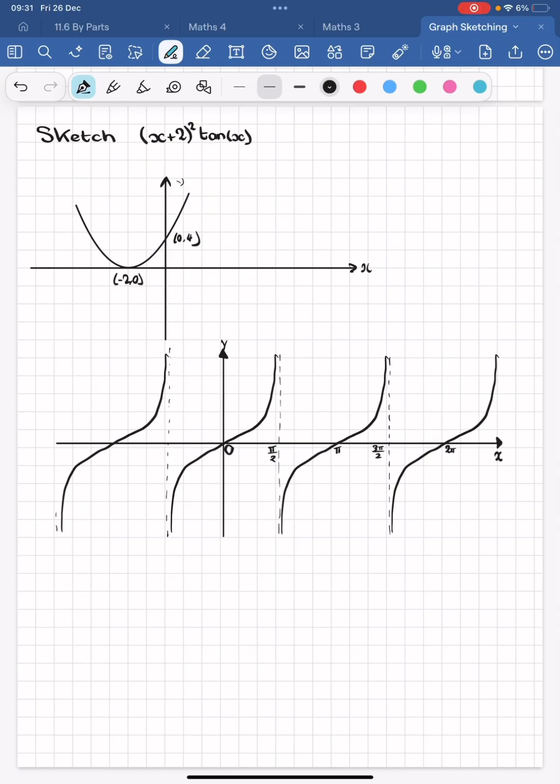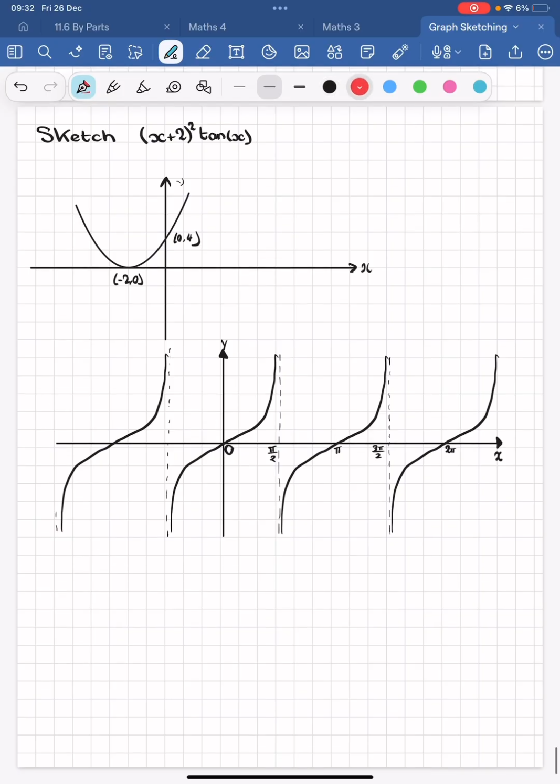And for tan x, our graph is repeating. So we increase from 0 to pi over 2, then we go down to negative infinity, to 0 at pi, and then back off to infinity. So we're expecting some sort of repeating pattern.